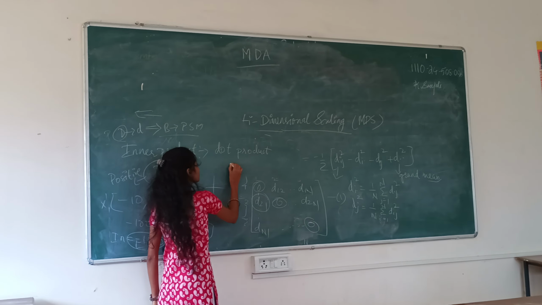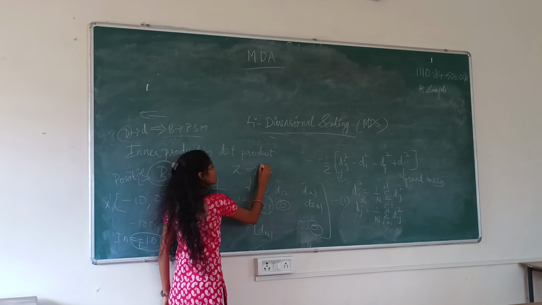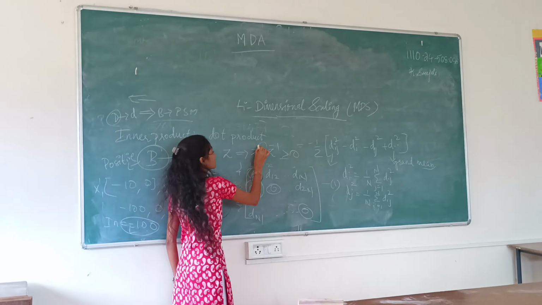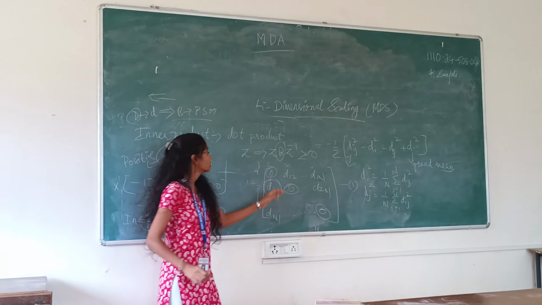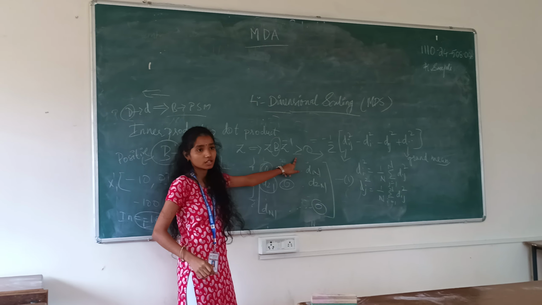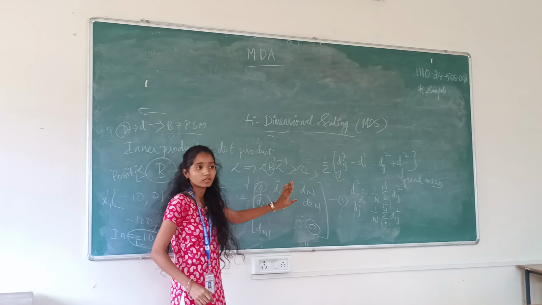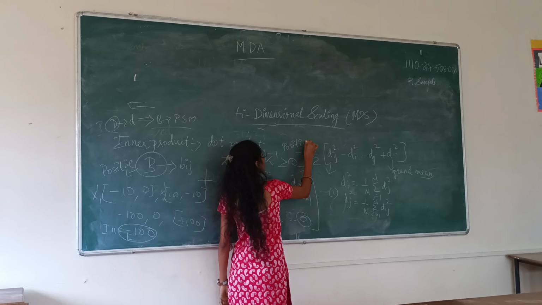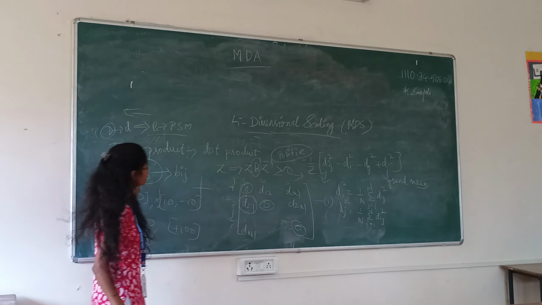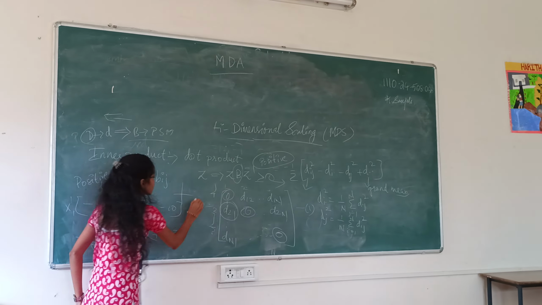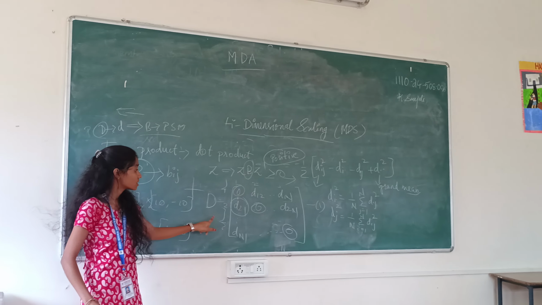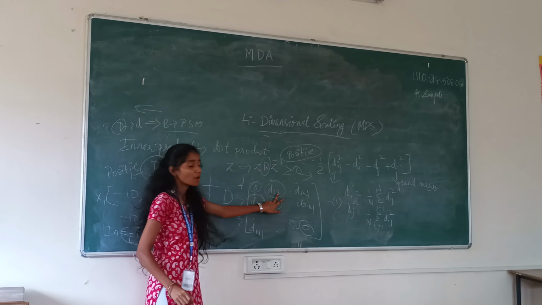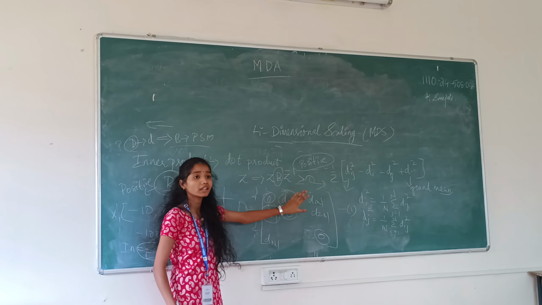For a non-zero vector Z, Z B Z transpose is greater than or equal to 0, where B is the inner product matrix. So if it is greater than or equal to 0, the eigenvalues will not be negative. They will always be non-negative. Whatever distances we have taken in equation 1 are the Euclidean distances, which come from the true Euclidean and are greater than or equal to 0.